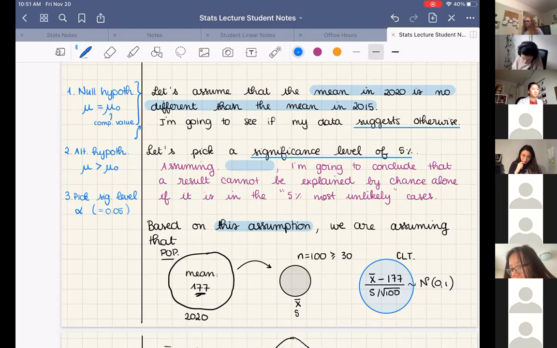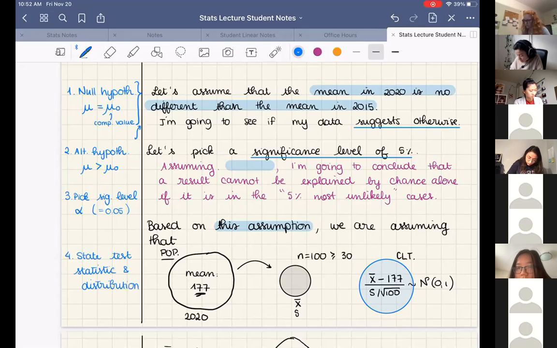So you're going to state the test statistic and its distribution. In this case, this is our test statistic, and this is its distribution.